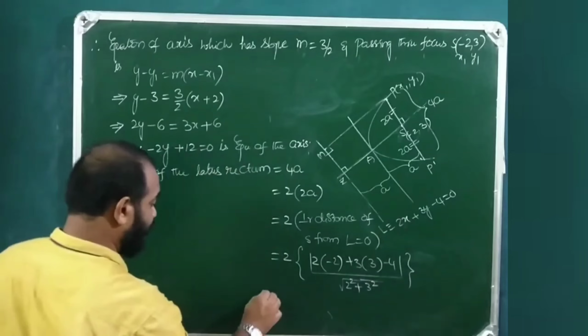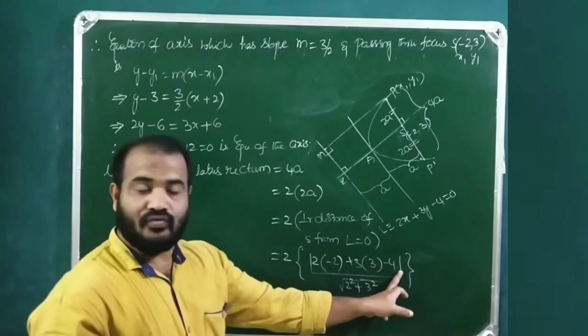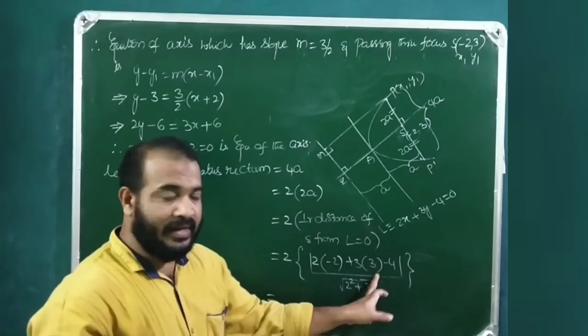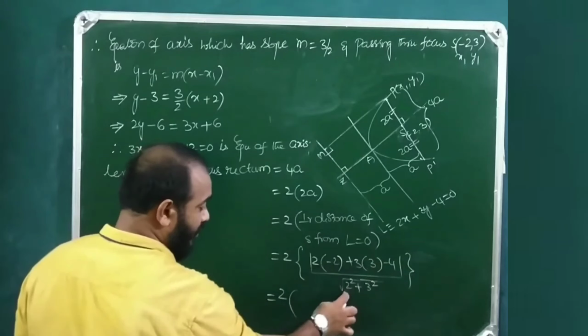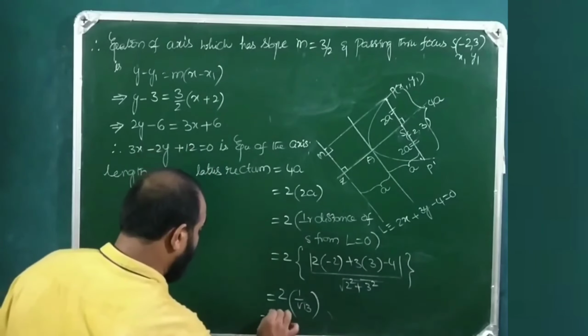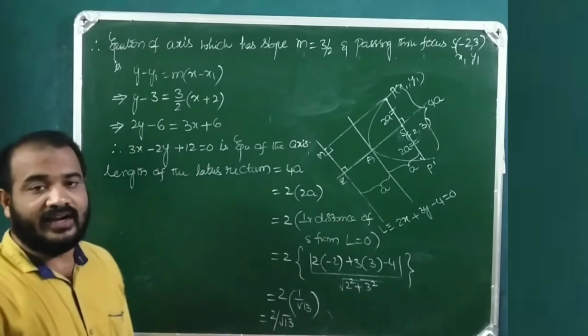This equals 2 into minus 4 plus 9 minus 4... that is, minus 4 plus 9 minus 8, 3 threes are 9, 9 minus 8 is 1. So 2 into 1 by root 13, that is 2 by root 13, is the length of the latus rectum.